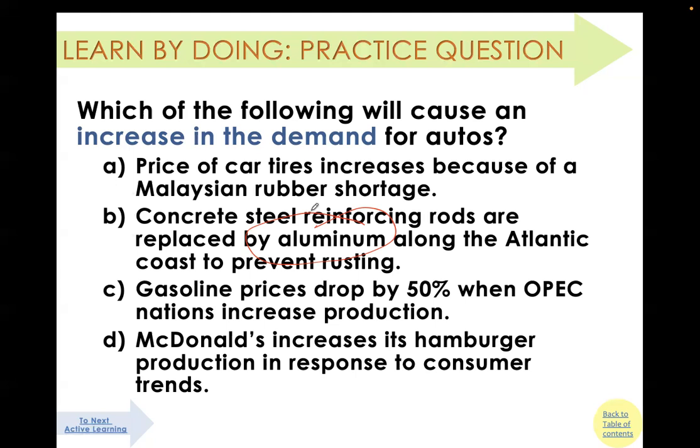Now if the gasoline price drops, how would that affect the demand for cars? They are complements, right? Except if you're driving an EV. So C is going to be correct. Now, what about D? It's not really related, right? So the answer is C.